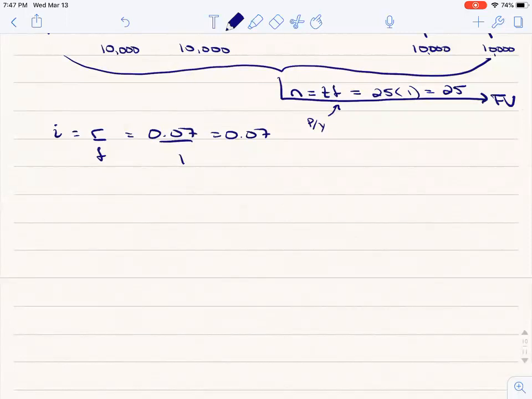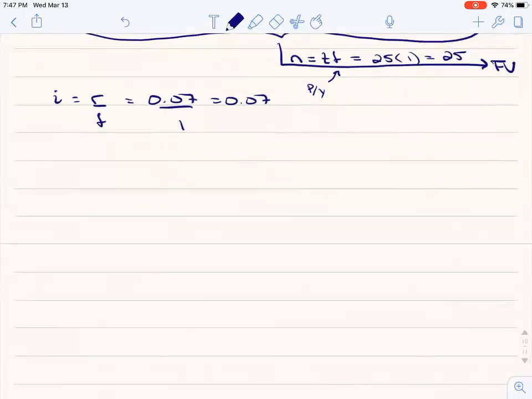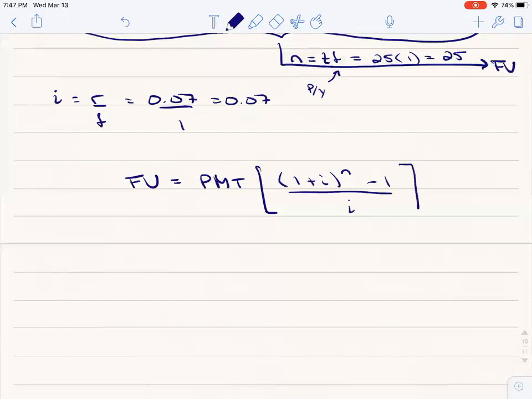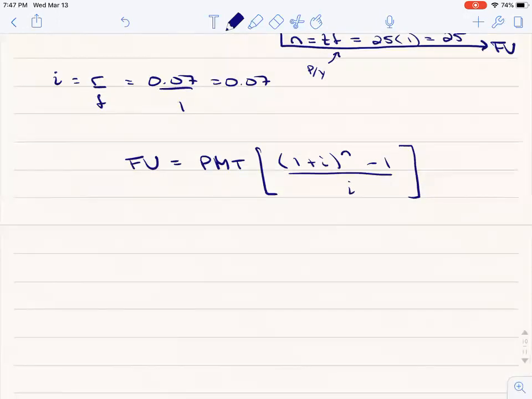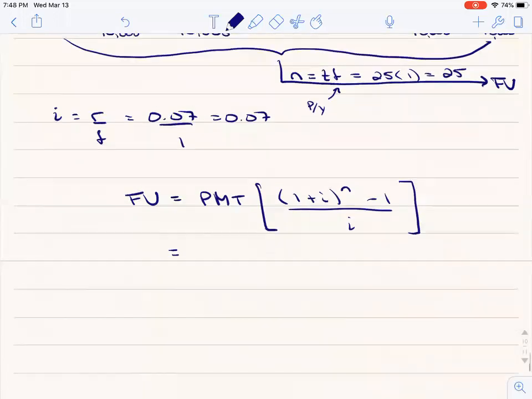Because we know we have to find a future value, we have to use the future value formula. The future value is the payment amount, the 10,000, times 1 plus I to the power of N minus 1, over I. We've got all these values.